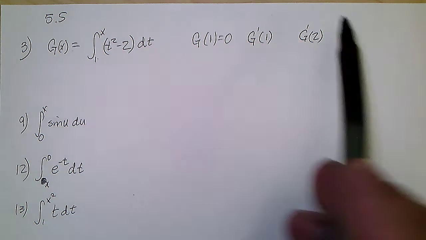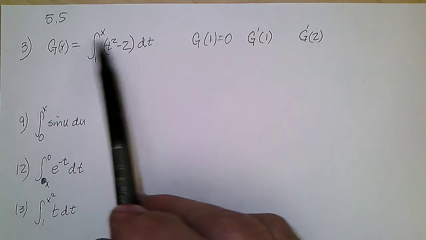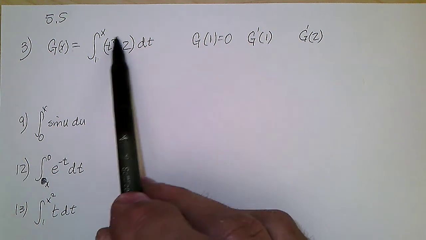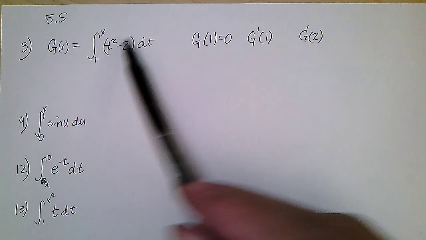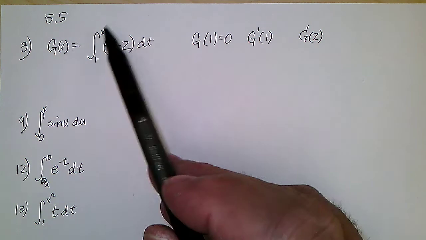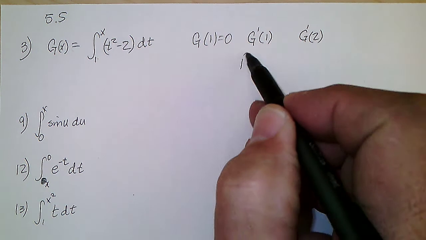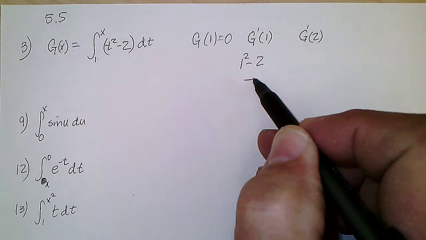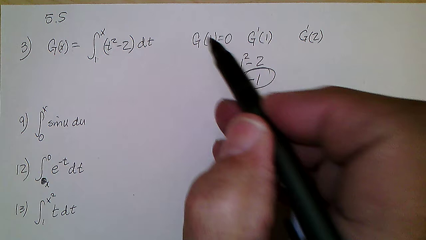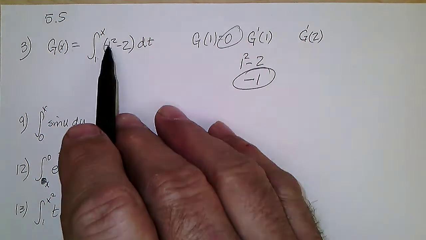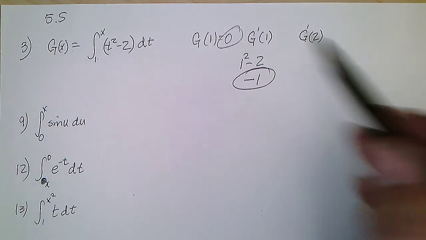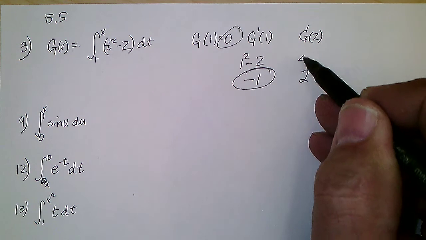Now, the area under the derivative, so this is the derivative, and so if I put in 1, it's just going to be 1 squared minus 2, which is minus 1. And if I put in 2, 2 squared is 4, minus 2 is 2.